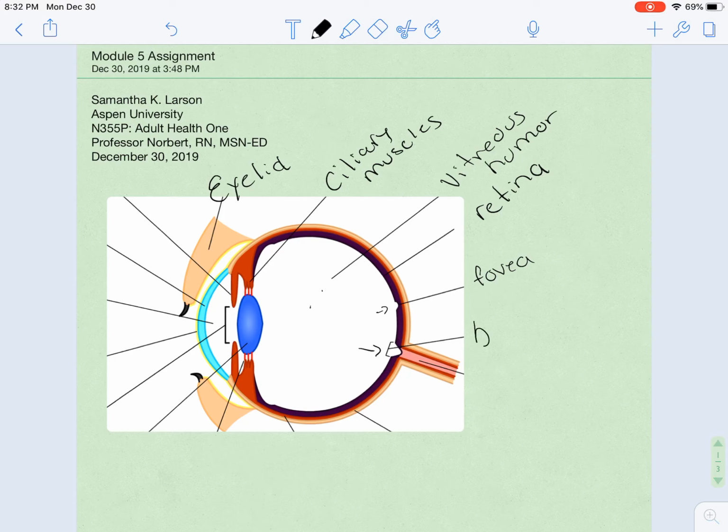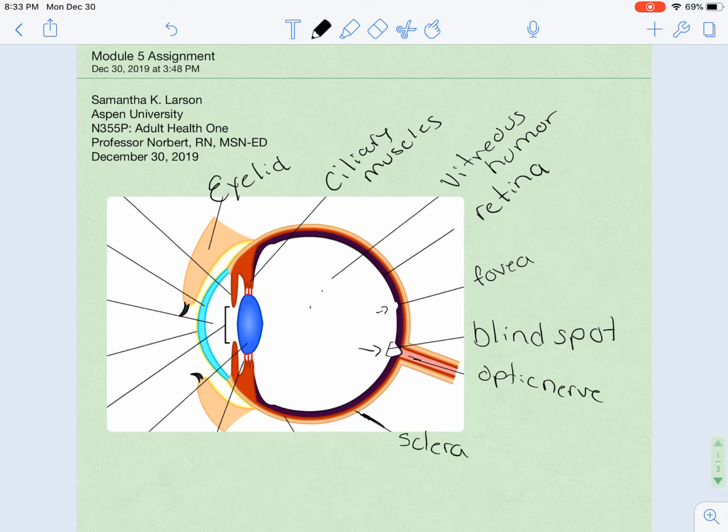I'm just going to write that, blind spot. Okay, all right, and then this line right here is the optic nerve. All right, and then if you come over here, this part is the sclera.